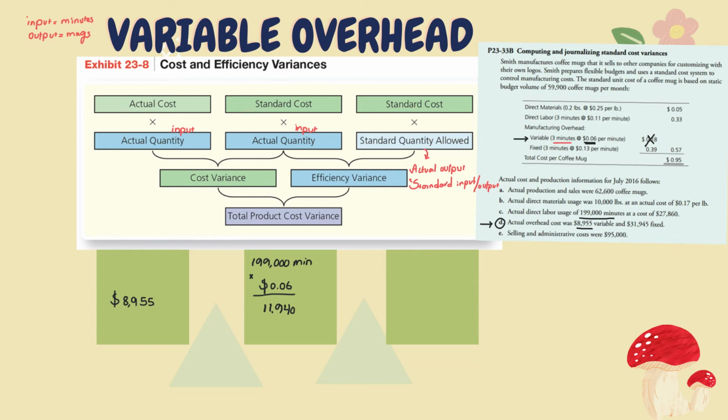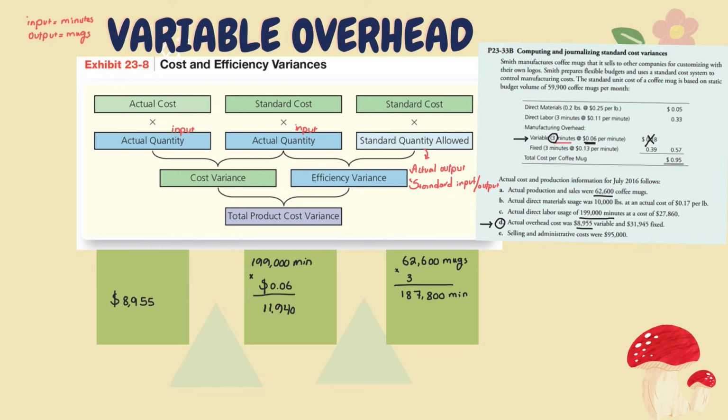Last one, to find the standard quantity allowed, I need to multiply actual output, which is actual number of mugs, which is 62,600, multiplied by standard input per one output. So how many minutes do I need to make one mug? He said 3, so I need to multiply it with 3. So 62,600 times 3, it's gonna be 187,800 minutes.